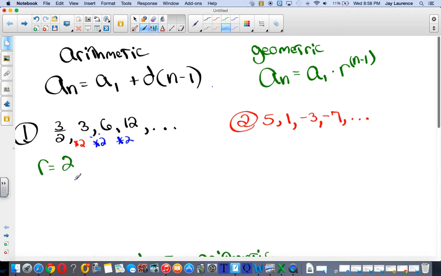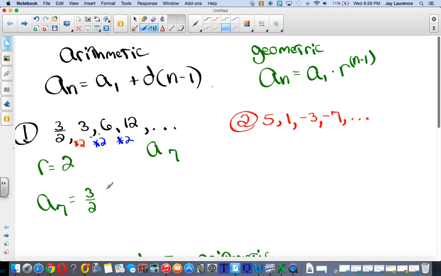All right, so now I'm looking for, I didn't tell you what to look for. Let's find a sub 7. All right, so I'm going to go looking for a sub 7, and it's geometric, so I'm using this formula over here, and a sub 1 is 3 over 2.